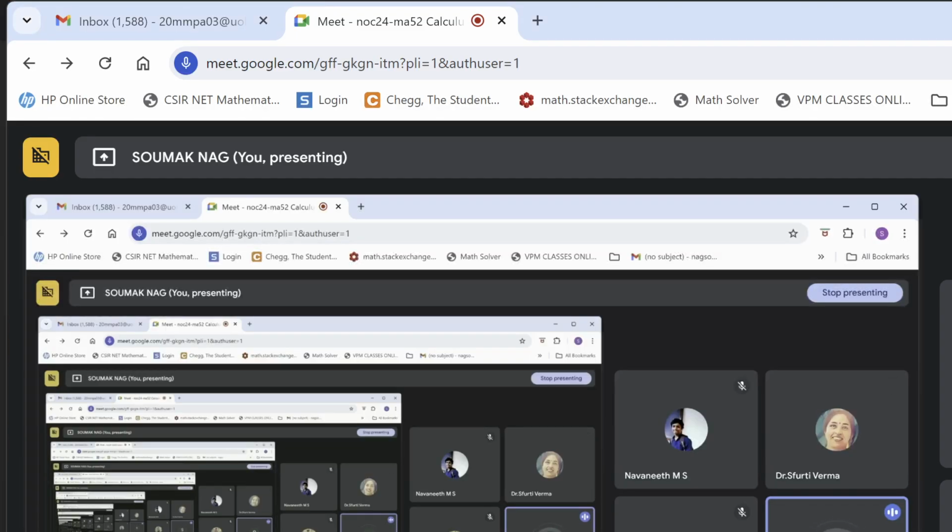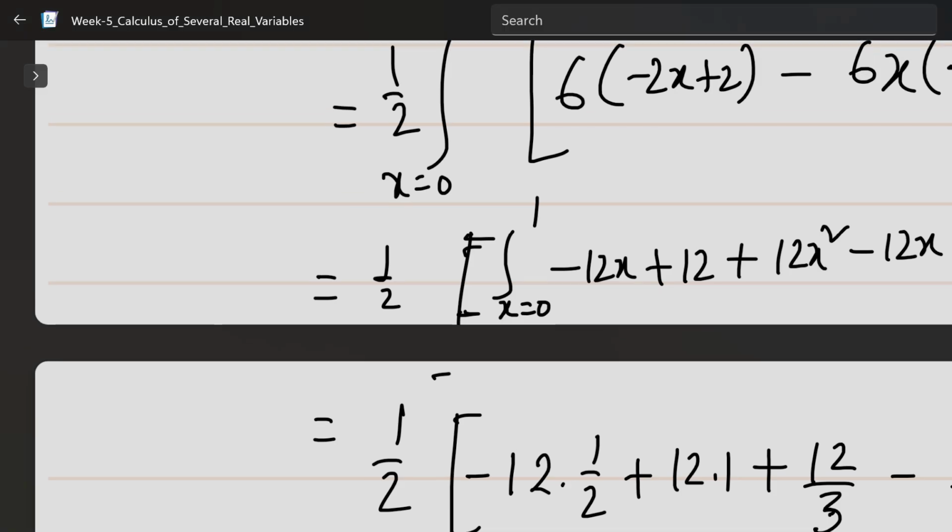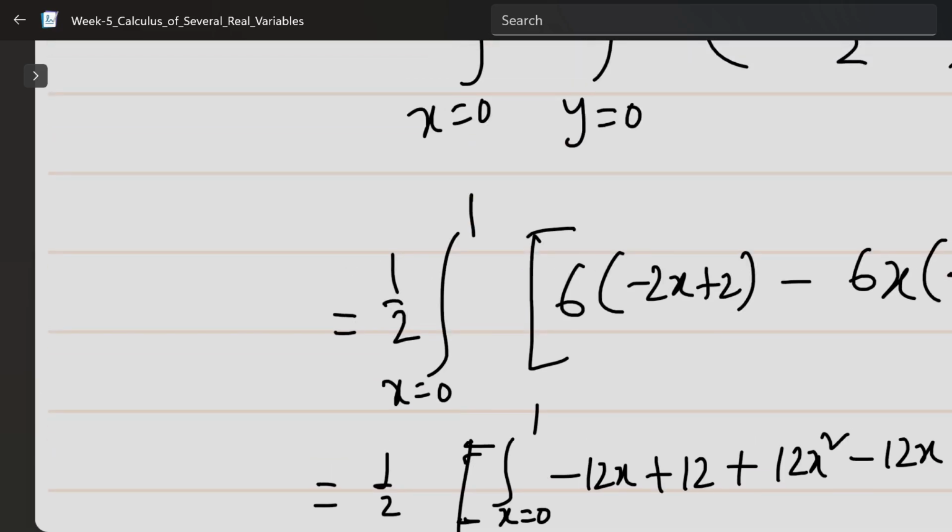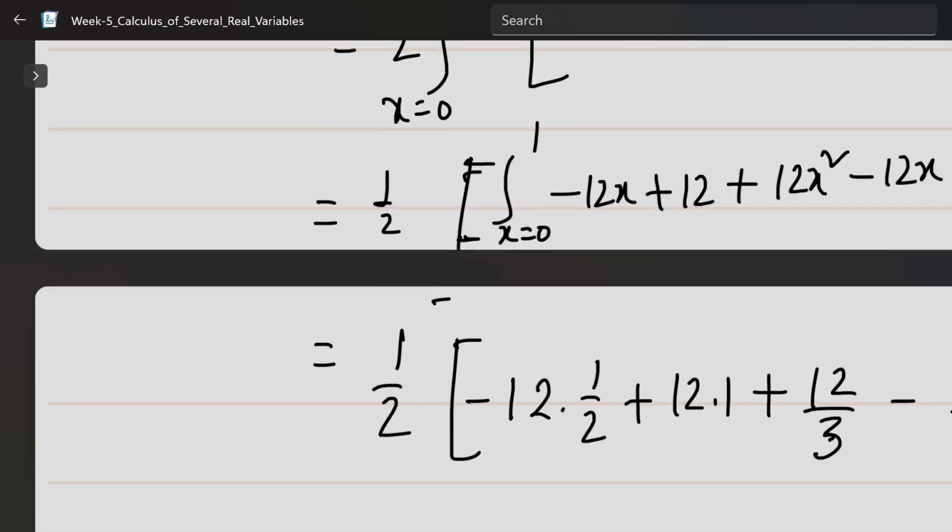Yeah. So I'm computing this integral. This is a heavy computation. Not heavy, this is just you have to do carefully. Then okay. So it is minus 6 plus 12 plus 4 minus 6. So what is the answer? If you calculate, you tell me.